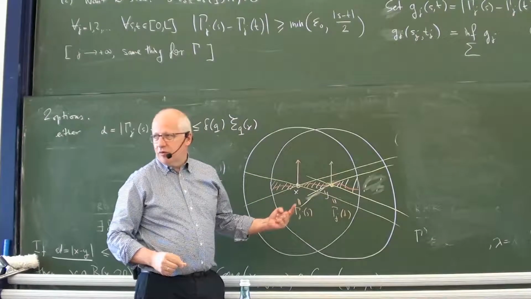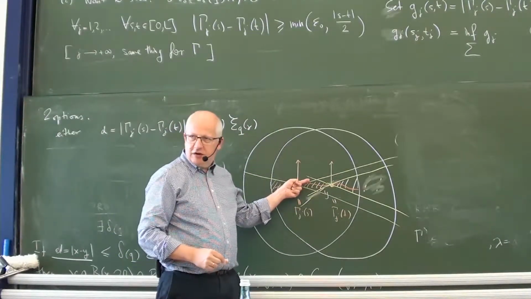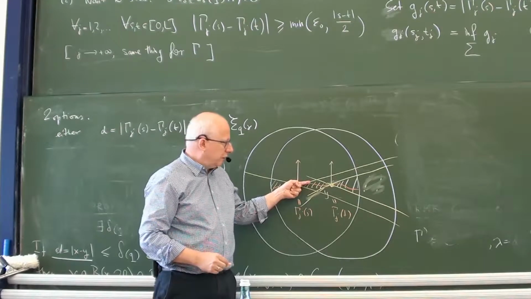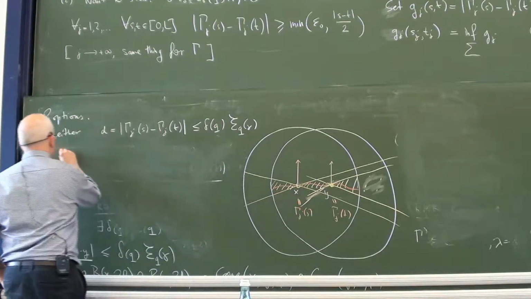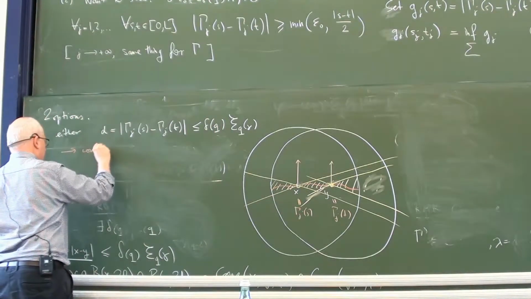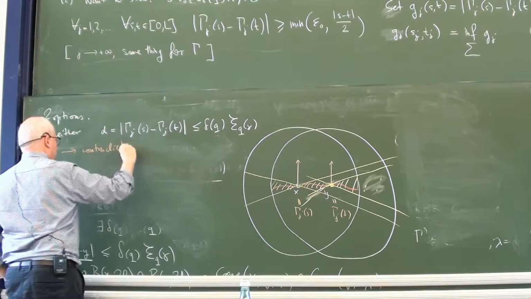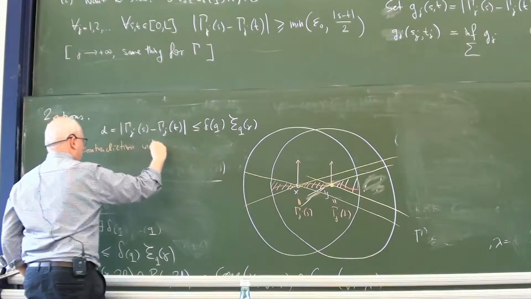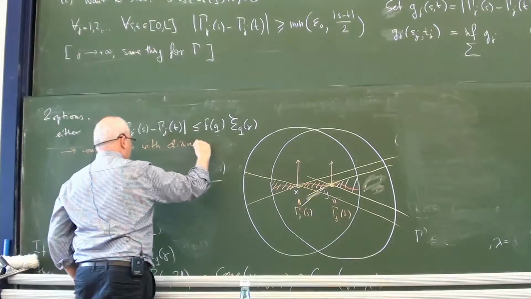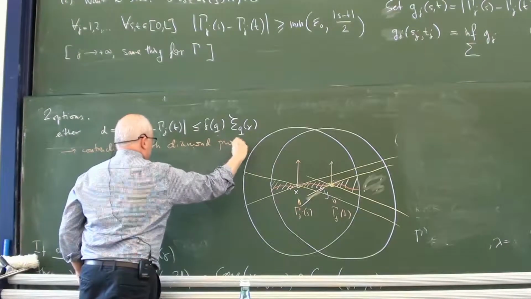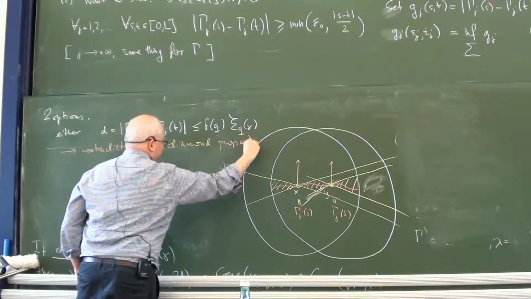So this is impossible because the tangent vector has to sit in those cones if the curve is contained in the cones. And it is the contradiction with the diamond property.